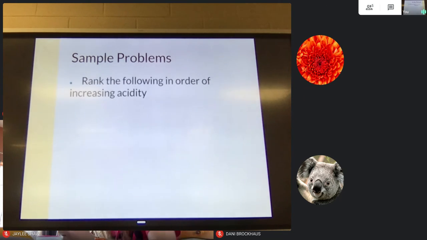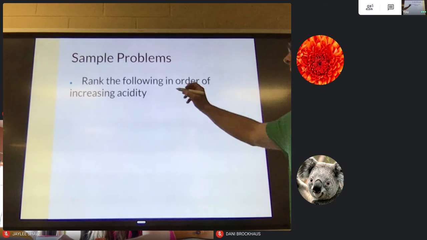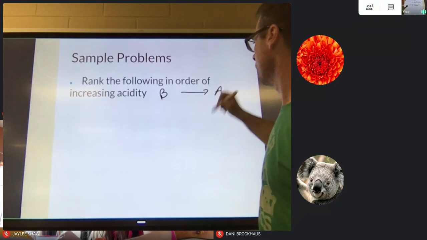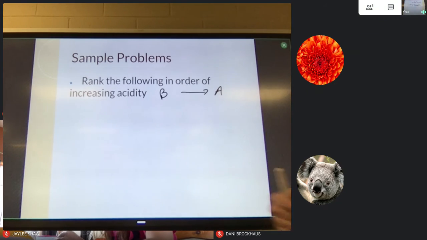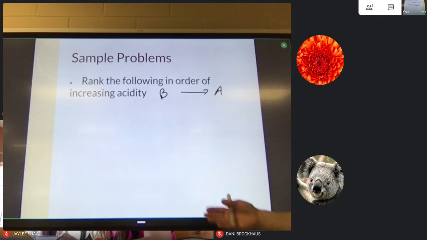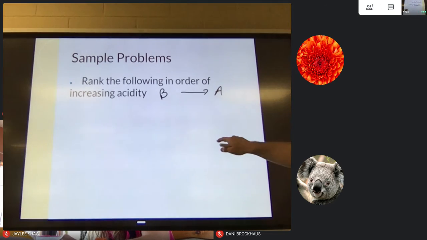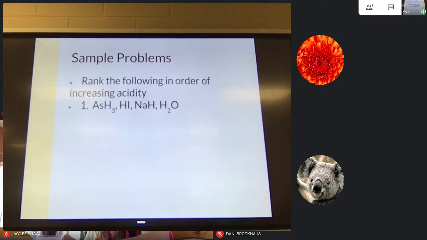Our goal is to rank the following in order of increasing acidity, so we go from most base-like first to most acidic. Out of this group, we're going to find the thing that is most like a base. We've got these four things. Oh my God, what are we doing here? These are obviously not oxyacids.